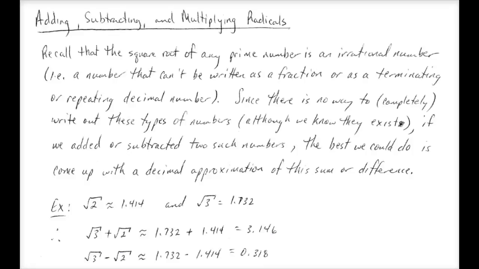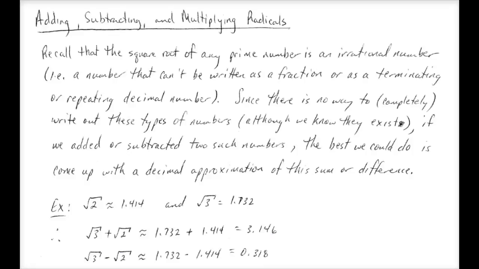To get an idea of this, the first thing that we want to recall is that the square root of any prime number is an irrational number, like square root of 2, square root of 3, square root of 5, square root of 7. They're irrational because those types of numbers cannot be written in terms of a fraction.